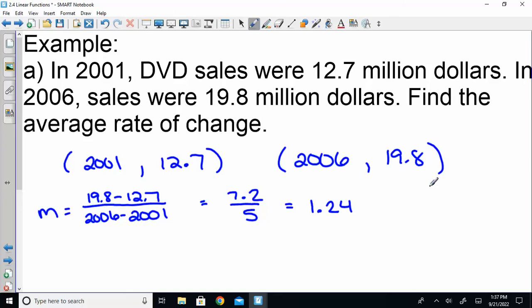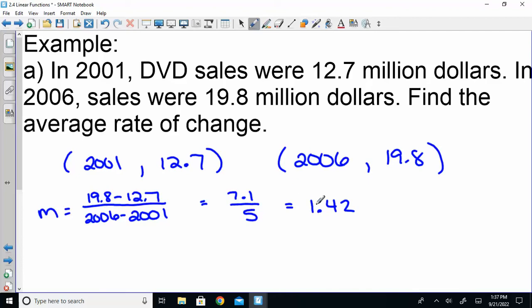Or not, did I do something wrong? Nobody's answering me. Oh, did I just transpose digits? One of those days. Because I did the wrong thing right here. Okay.